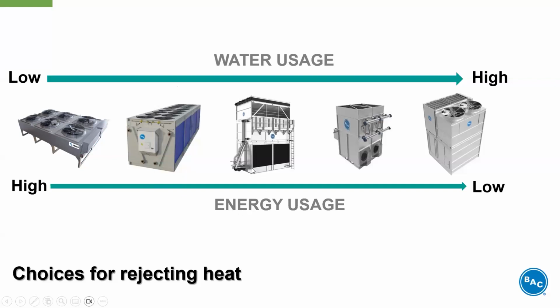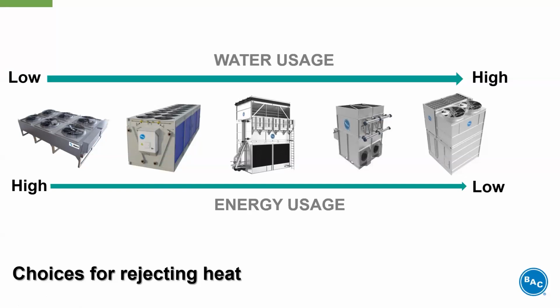The product in the middle is BAC's HXV hybrid cooler. I don't spend a whole lot of time talking about it today because it's really designed for larger capacity systems, more industrial type applications, not really suited for supermarkets, but it could be used on something like a cold storage ammonia plant.